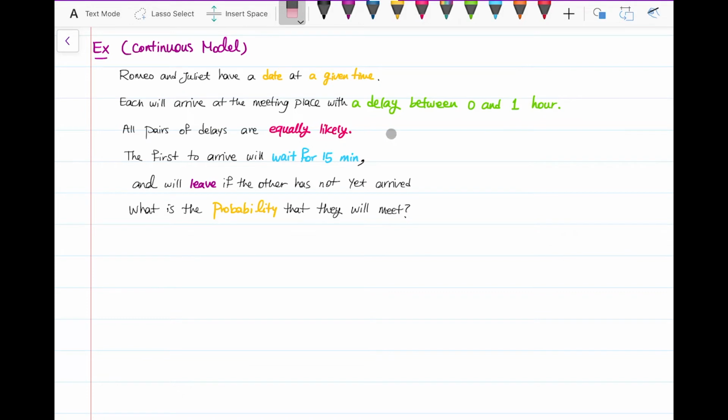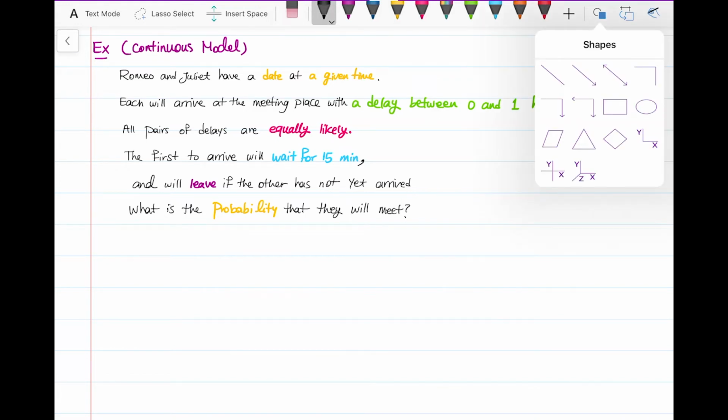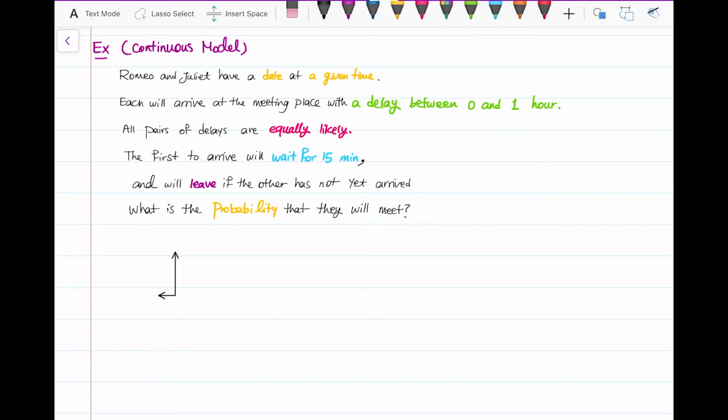Okay, so each of them has a delay between 0 and an hour. So I can have the sample space as a square. X would be the delay for Romeo, and Y is the delay for Juliet.